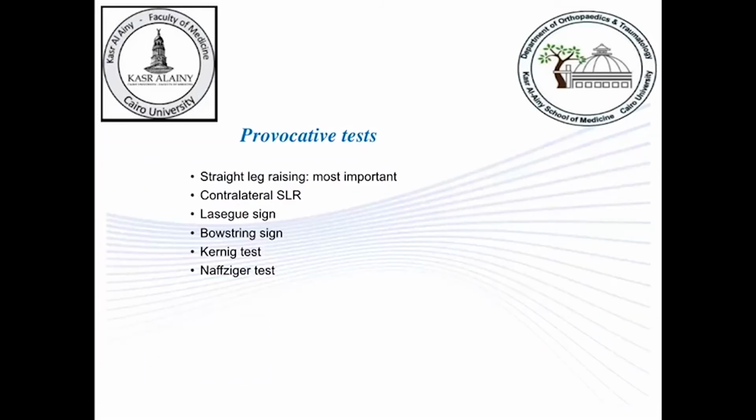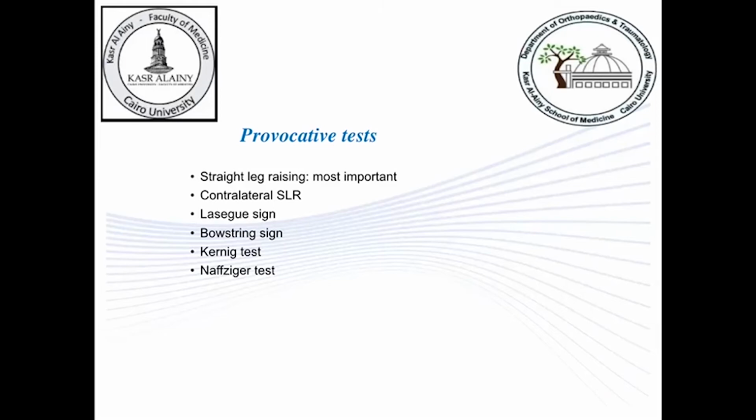The provocative tests include the most common and the most important test, the straight leg raising test. It should be done with the patient supine, and it's a passive test, not an active one. The contralateral straight leg raising test: you raise the other lower limb and the patient feels pain on the ipsilateral side of the lumbar disc prolapse.